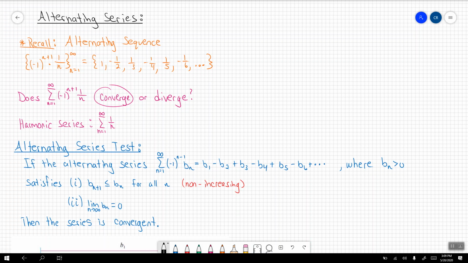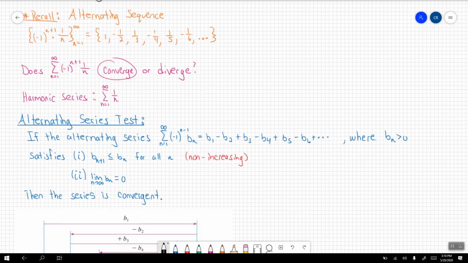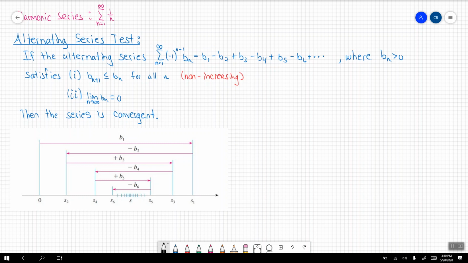So anytime that you see some sort of alternating series, this is one of the tests that you want to go to automatically. Either this one, or you want to go over to the test for divergence to see what's taking place, right? Is it going to converge or is it going to diverge? Now, looking at this figure here, we could then see, okay, well, if we're looking at our first term, we said it was going to be greater than 0. So the first term is going to give us our first partial sum. Then the second one is going to subtract out a certain amount, and that's going to give us a second partial sum.